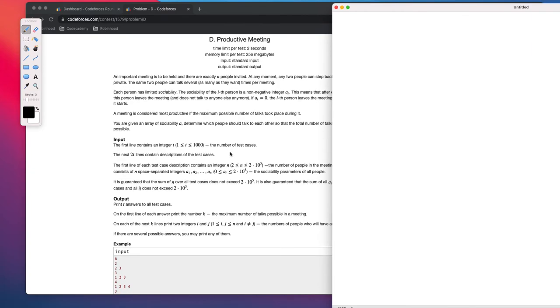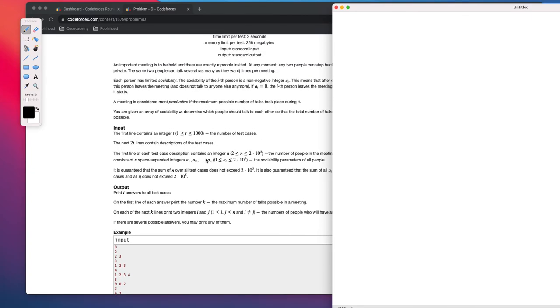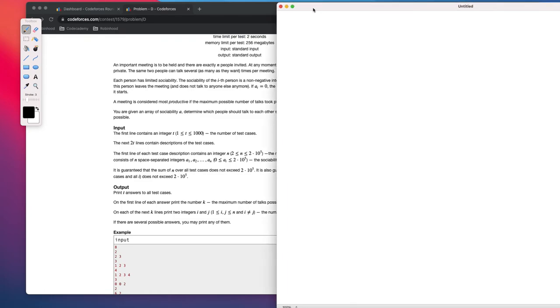The question says there is a party going on and you are given the people who are invited to the party, and you are also provided with a sociability value, which means this person can go and talk to this many people. So let's say I have 3 people, 1 2 3.